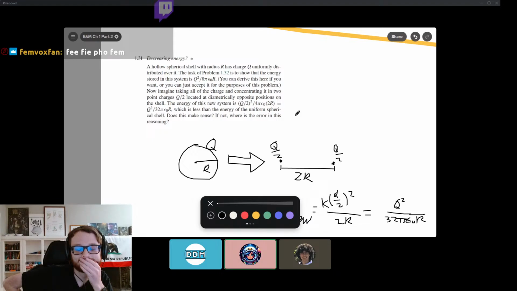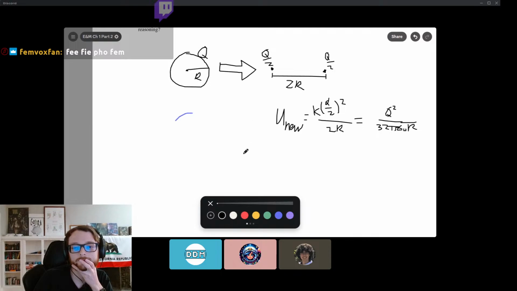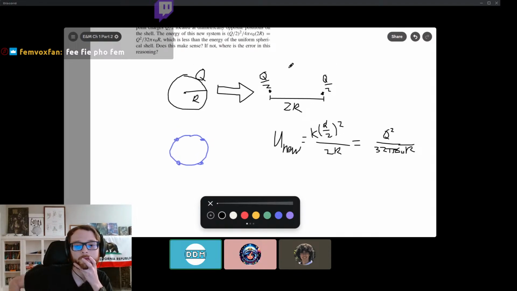Each one Q over 4 in strength, and they're placed like this along the edge of a circle. It's an interesting question. We have, I guess, a bunch more pairs to consider. We definitely could. I used big R.